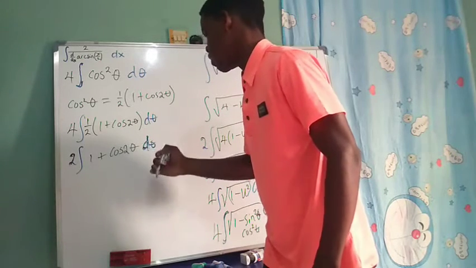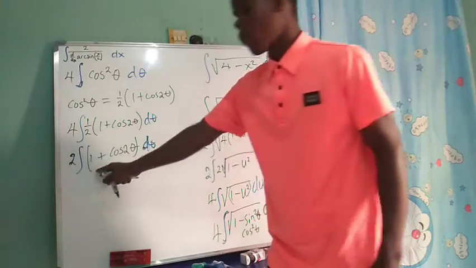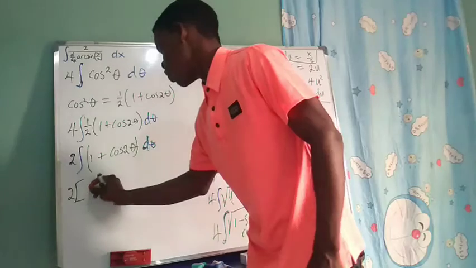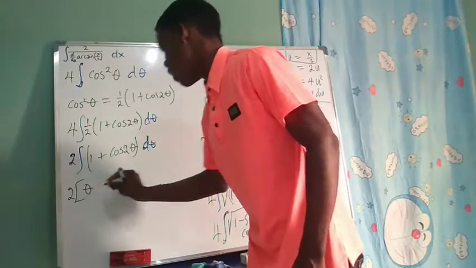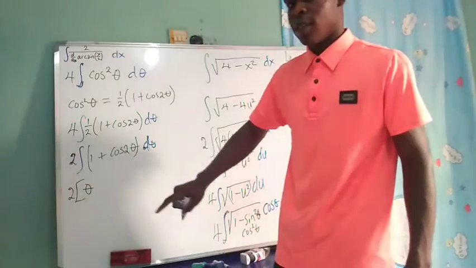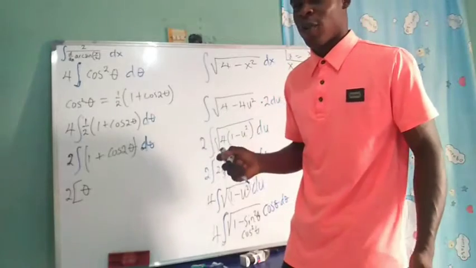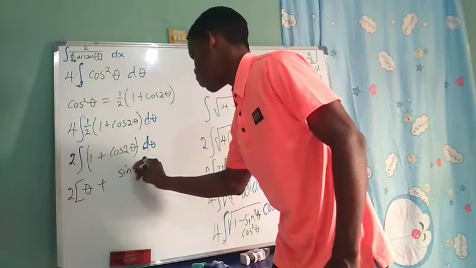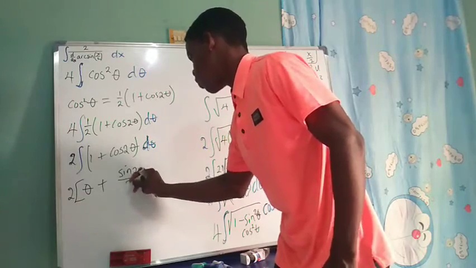The integral of 1 with respect to theta is just going to give us theta. And the integral of cosine 2 theta with respect to theta, I hope you know what that is. It's just positive sine of 2 theta over 2.